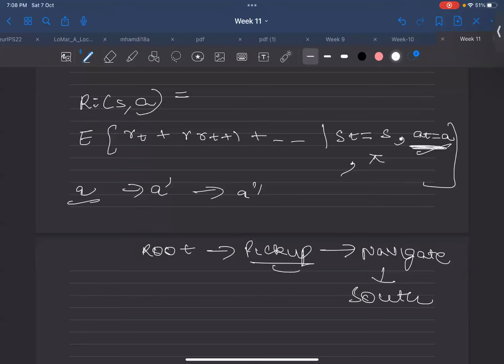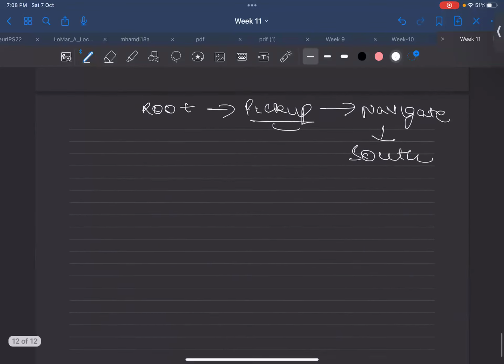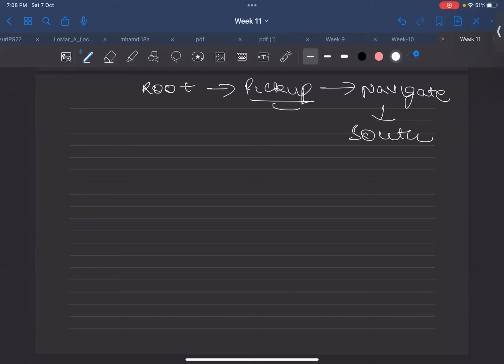Should I proceed? Okay, let's proceed. Now let us write down the value function here.